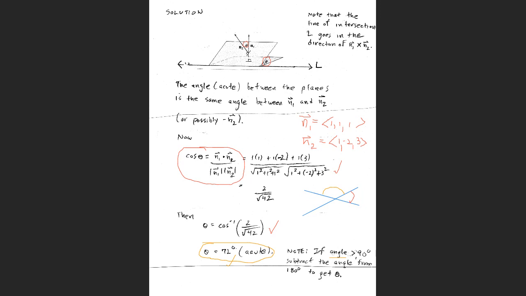Student: The dot product being positive, for the 2 in the numerator, that's how we would know that it's acute, right? That's a good question.